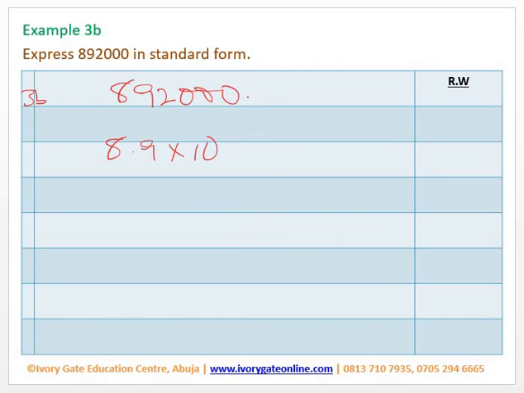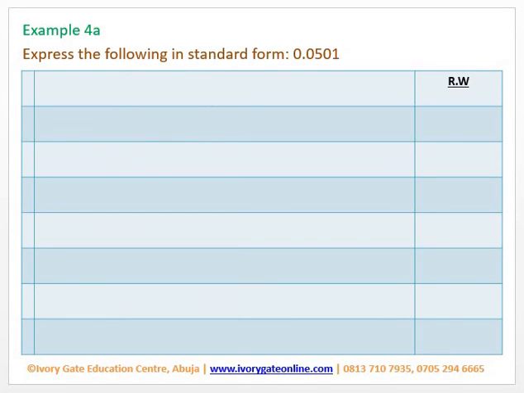It will make 1, 2, 3, 4, 5 to come to this place. So 10 raised to power 5.